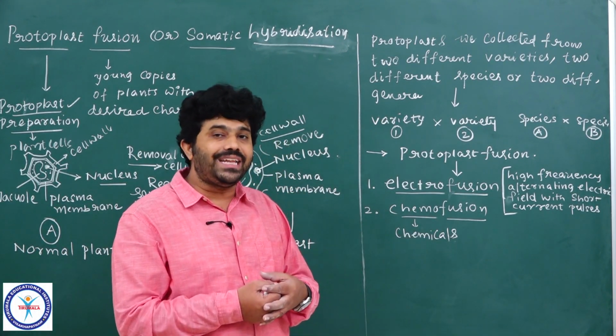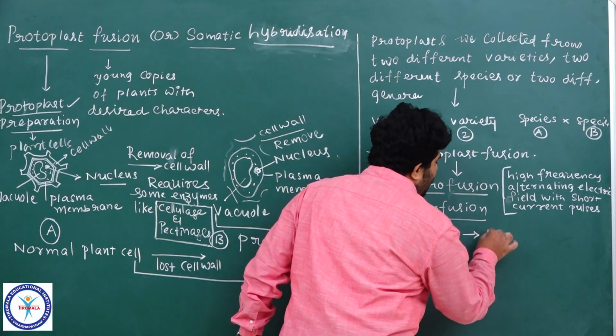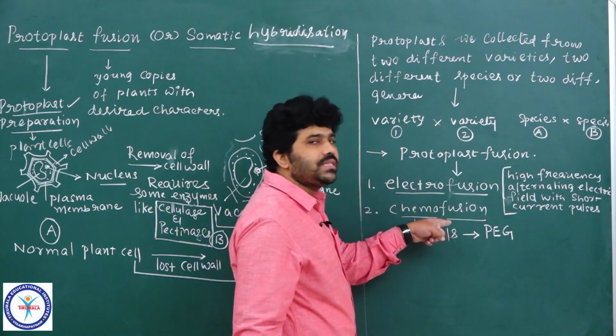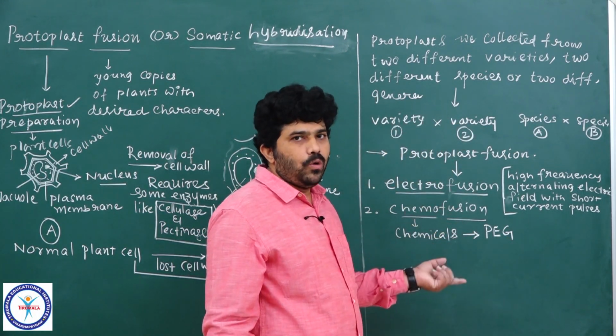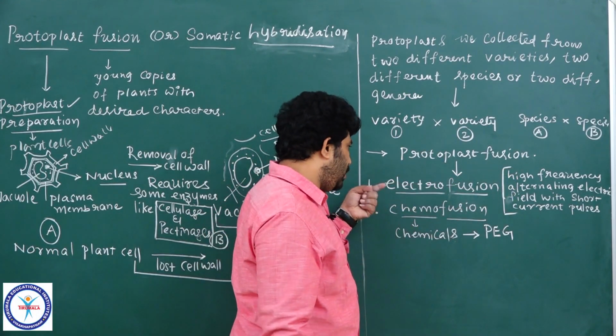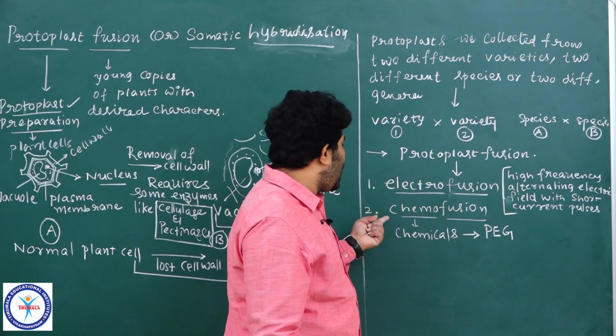Now you got the point, getting union. So the chemicals we are using are especially like PEG. Any one of these two processes we follow to do protoplast fusion. Understood? Either we go through electrofusion or chemofusion.